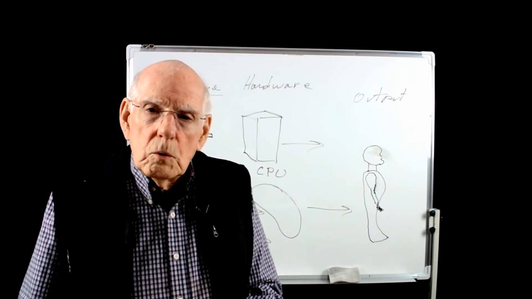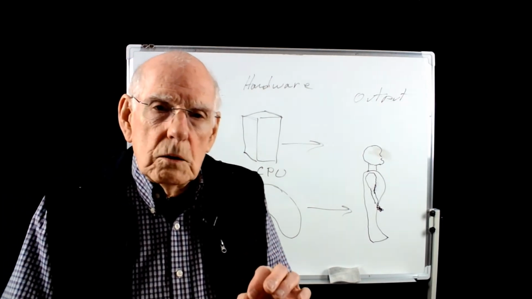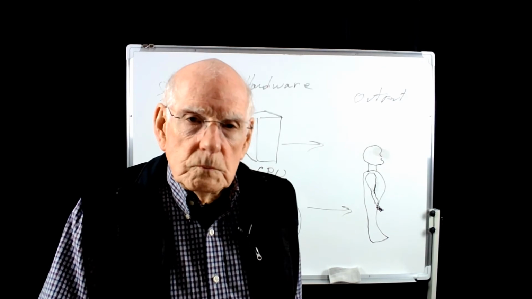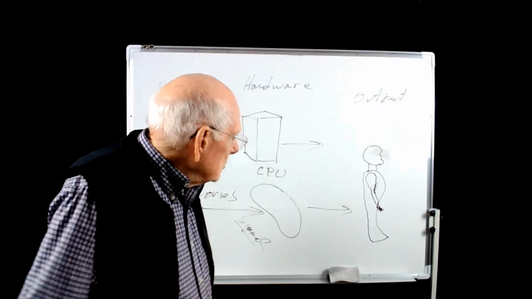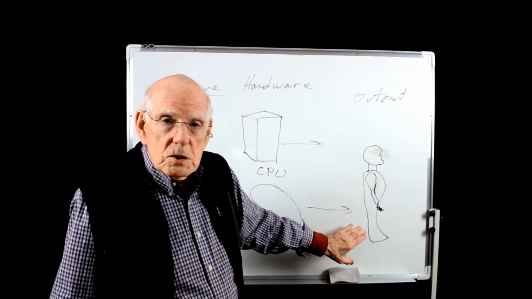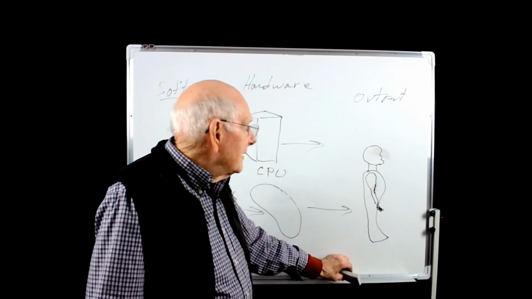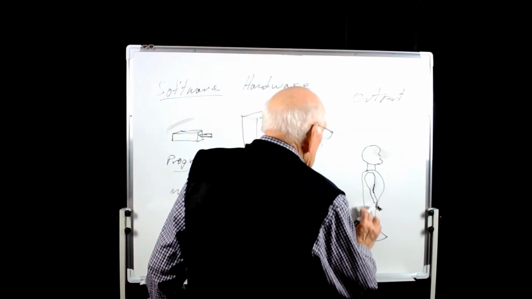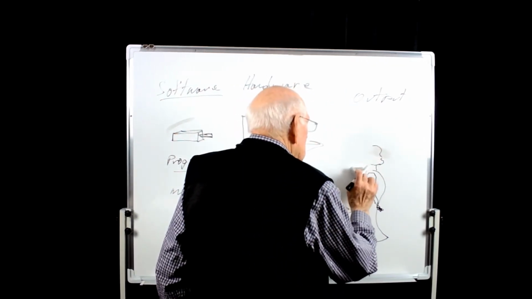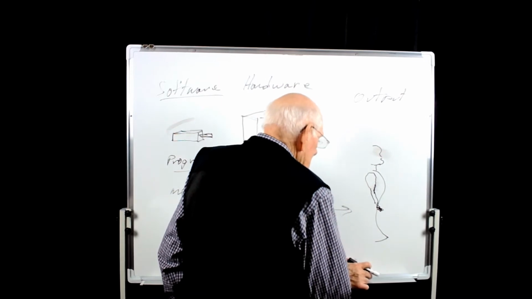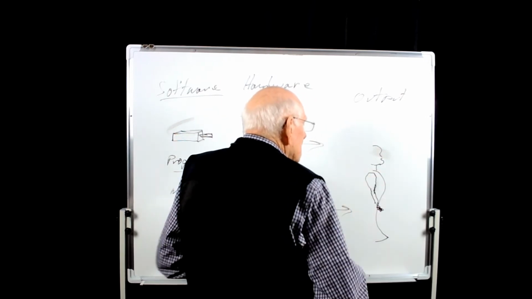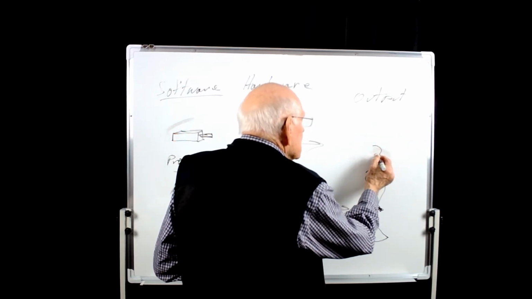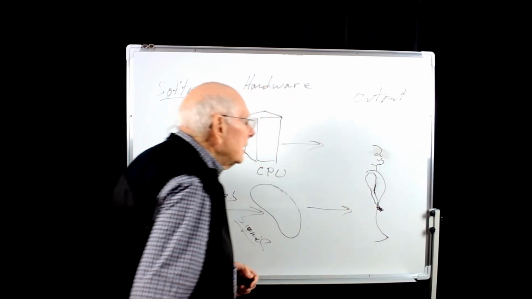But what makes the body communicate the way it does? So now I did a nice job of drawing this, but what I'm going to do is take the back side off. I still want him to look like a person, so I put an eyeball in there.